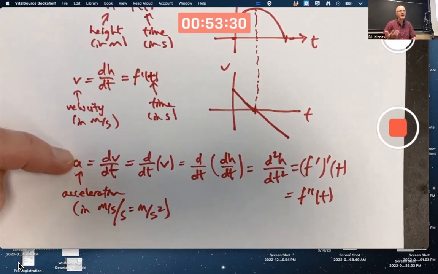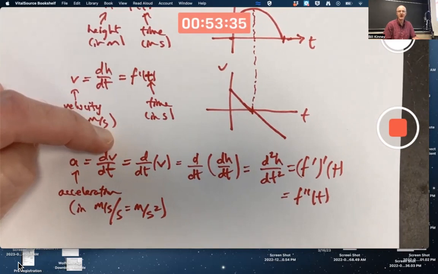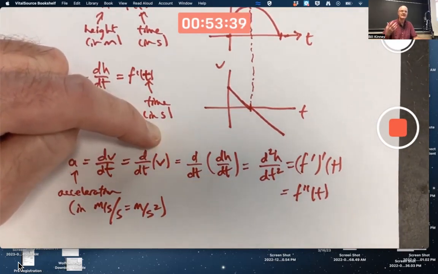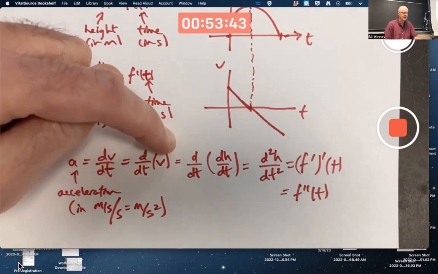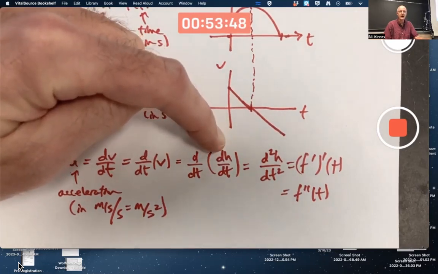A represents the fact that we call it the acceleration. This represents the fact that it's the rate of change of the velocity with respect to time. So does that, except now I'm thinking of d/dt as an operator. Take the derivative with respect to t of this function of t. And here I'm using the fact that v is the rate of change of the height with respect to time.